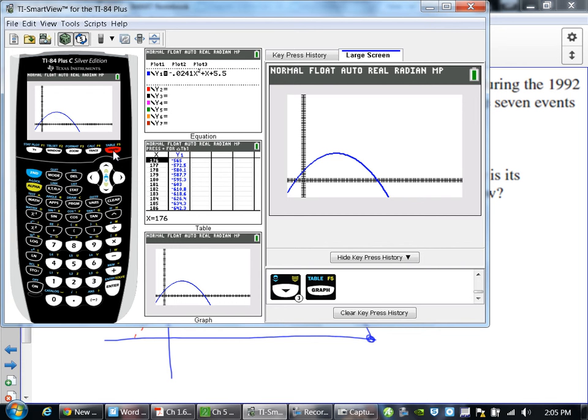I put my maximum at 50. Obviously, it doesn't need to be. I have my x minimum at negative 10, and then my x maximum at 100. My y minimum at negative 10, and my y maximum at 50. Right now, I can see basically this whole graph.